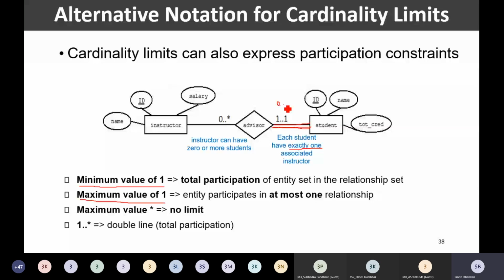What does this mean? The minimum value is 0 and maximum value is 1, correct? If the maximum value is 1, this means that the student is participating in this advisor relationship such that it may have at most 1 relationship with an instructor. If this is the case, then I may interpret it like the student may be associated with the instructor.